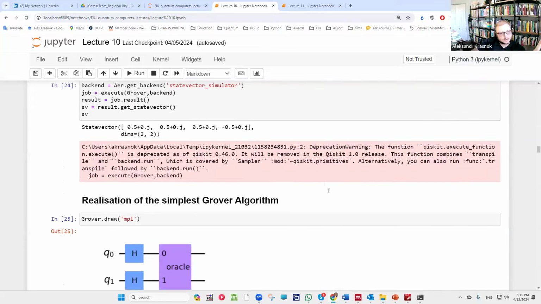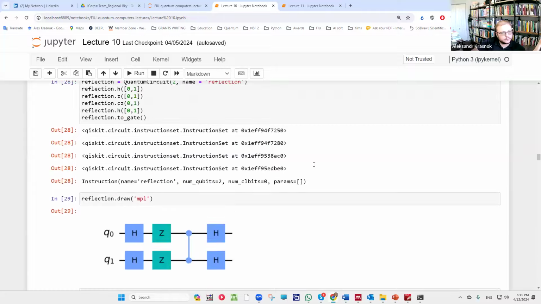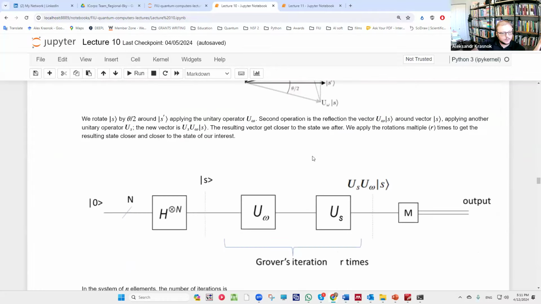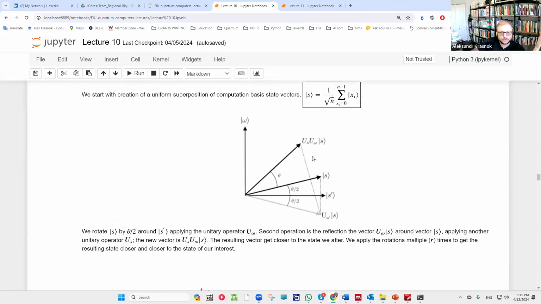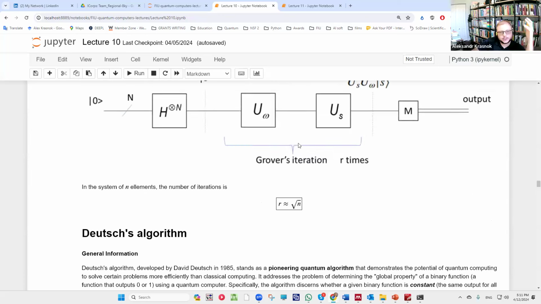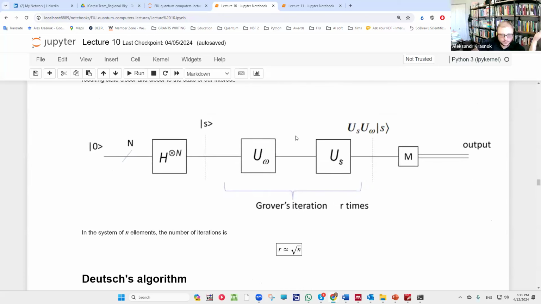Here are the details. We also discussed how it works in general using this vector representation in the Hilbert space, the general circuit for this algorithm, and so on.